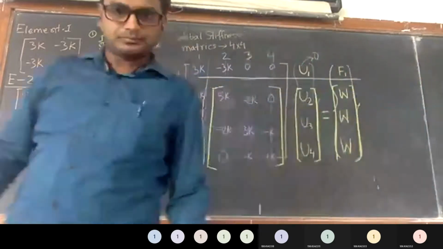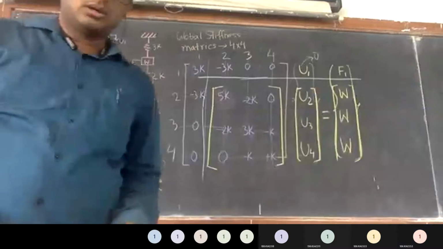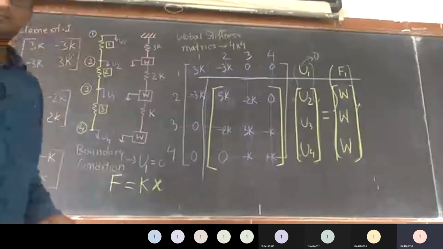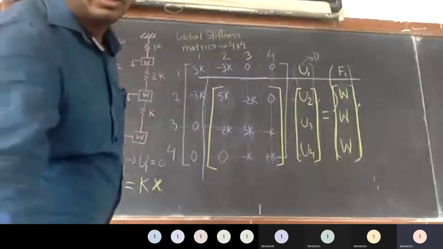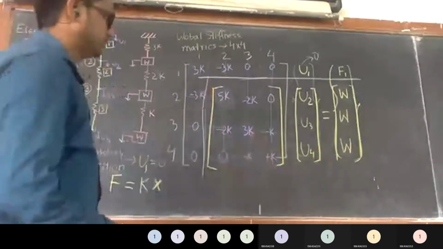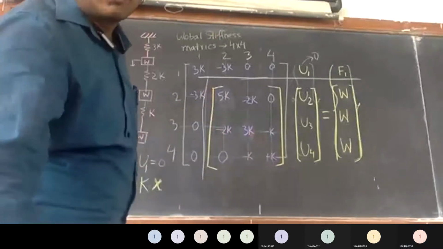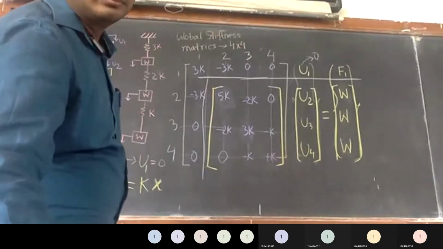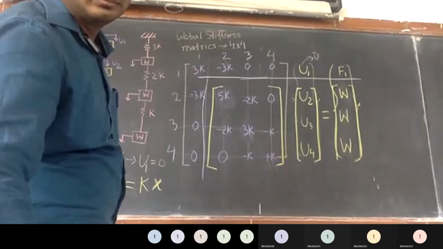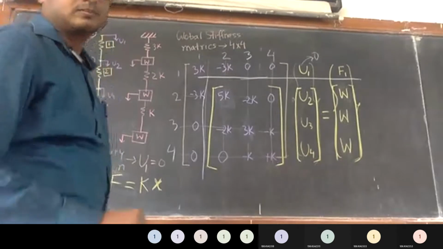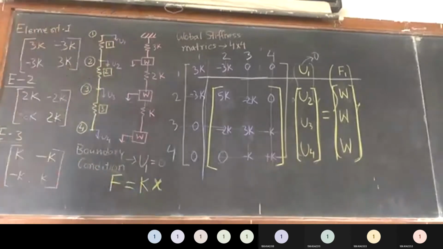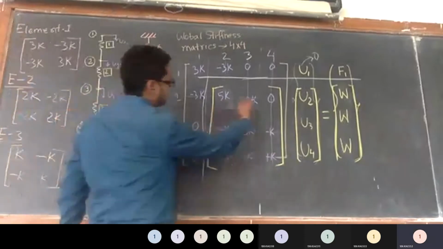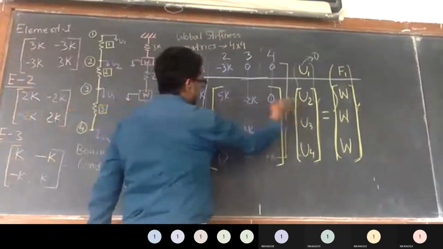I am giving you time to solve it. Try to solve it in your calculator, or you can solve it manually also. Three equations you will get from here if you do the multiplication.